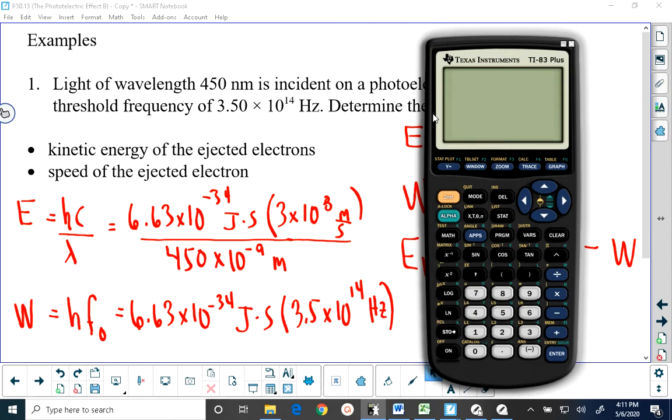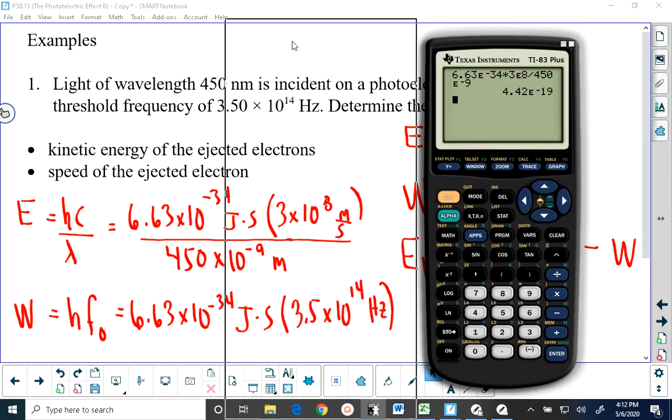All right, let's see what we get for the energy of the photon. 6.63 multiplied by 10 to the negative 34, multiplied by the speed of light, and then divided by the wavelength, which was 450 nano, meaning 10 to the negative 9, so times 10 to the negative 9 meters, gives me 4.42 multiplied by 10 to the negative 19 joules.